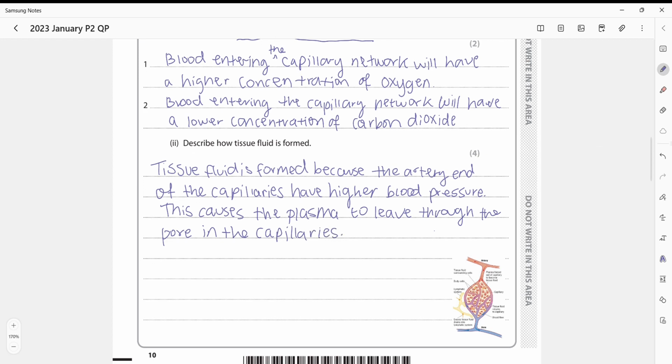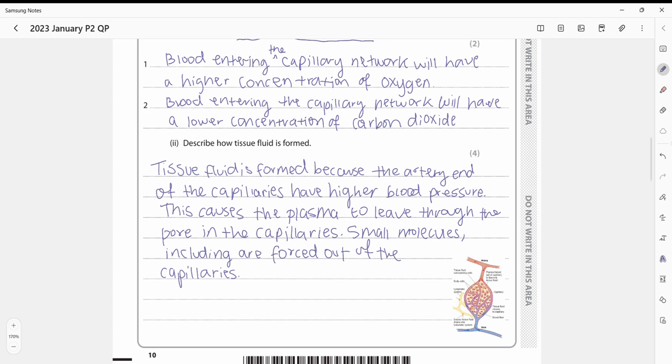So you'd also need to mention that water is able to leave, and so can small molecules. So small molecules, including water, are forced out of the capillaries. Okay, so let's go through the marks.